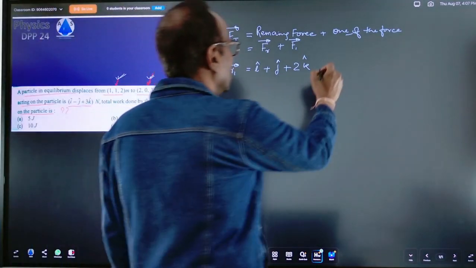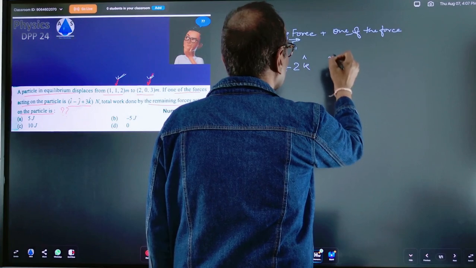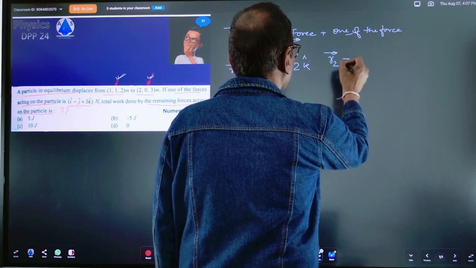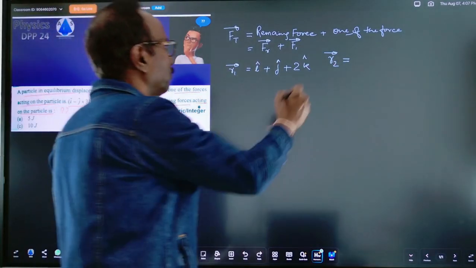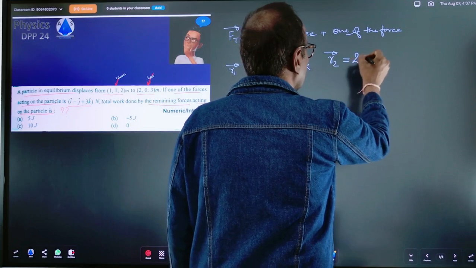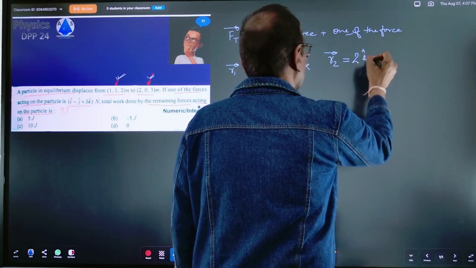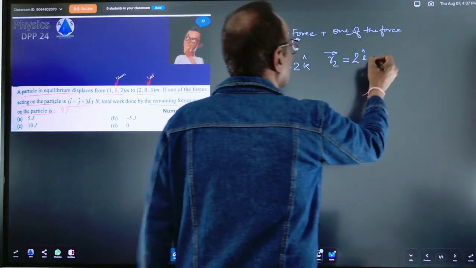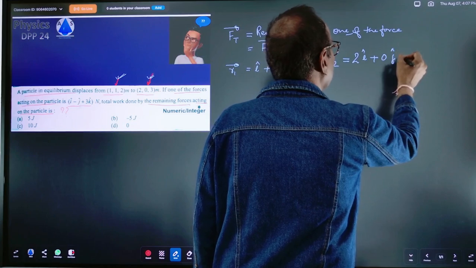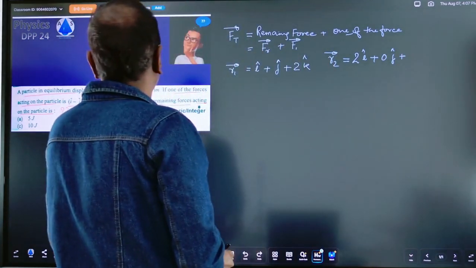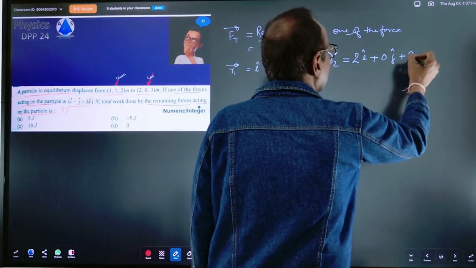And your R2 is 2 into i cap, zero into j cap, plus 3 into k cap.